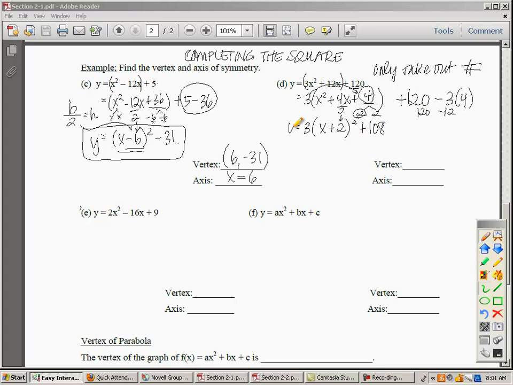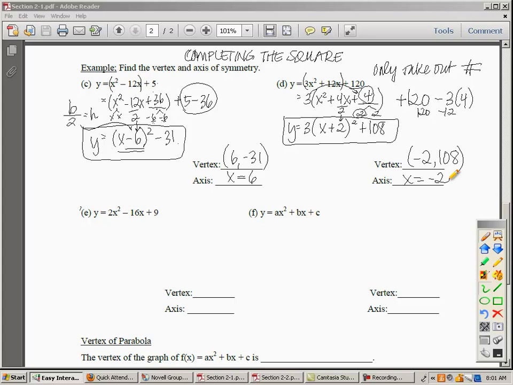Okay, so this now is the equation of my quadratic in standard form. Once I look at this, the question is, where's my vertex? My vertex occurs at (-2, 108), and my axis of symmetry is at x equals -2.